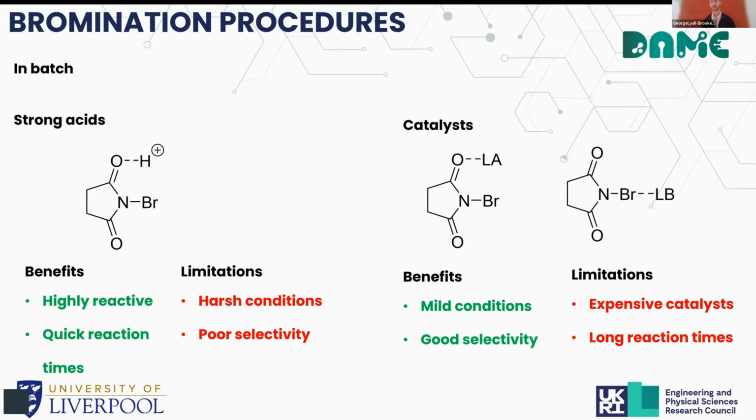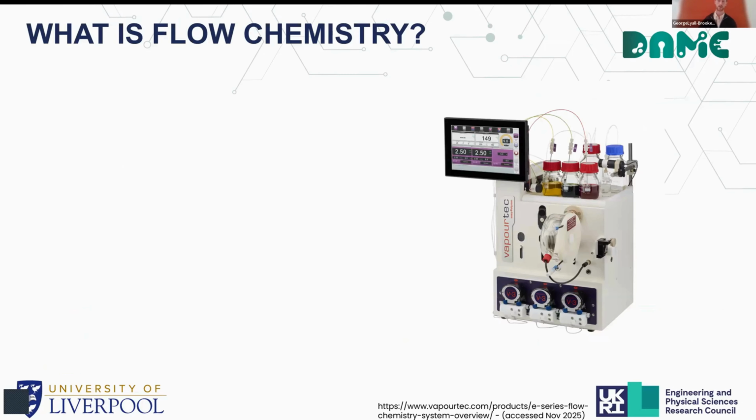Also, as a result of the mild conditions, you can have long reaction times, where batch reactions are often taking up to 24 hours for a desired transformation. However, one of the ways that you can negate these long reaction times is via integrating flow chemistry. So here on the screen, you can see a Vapourtec flow reactor.